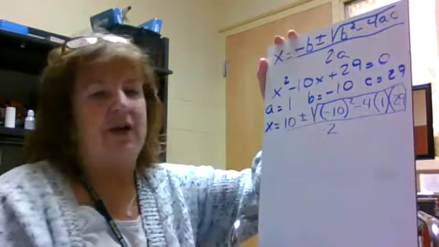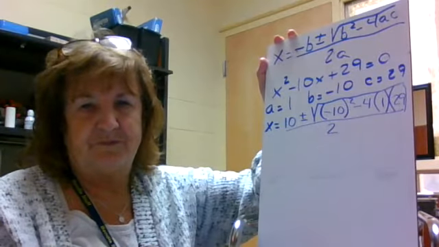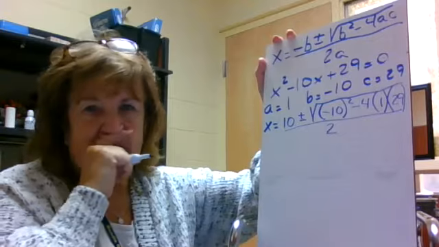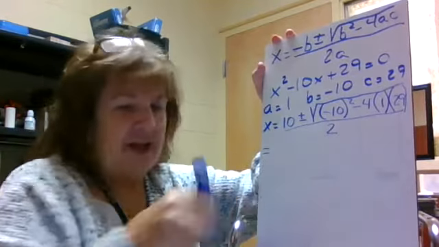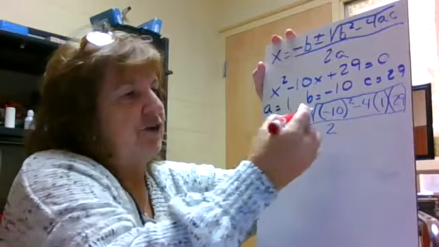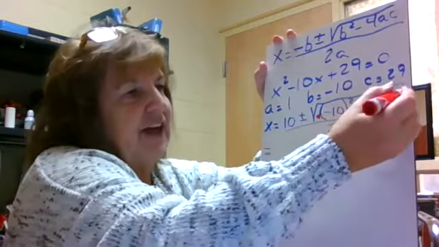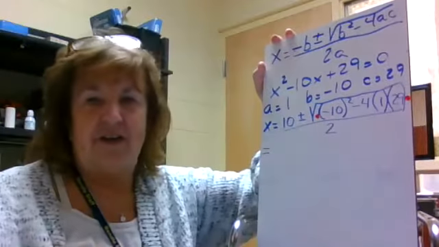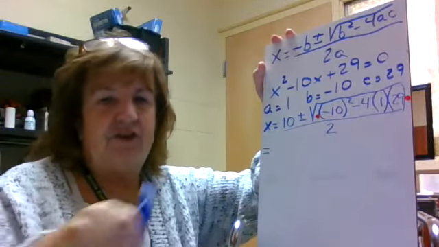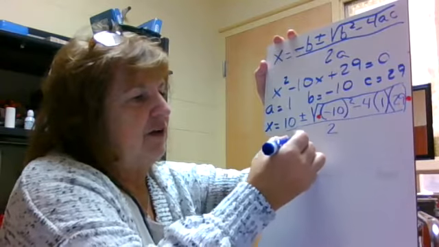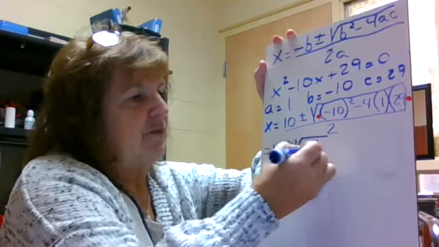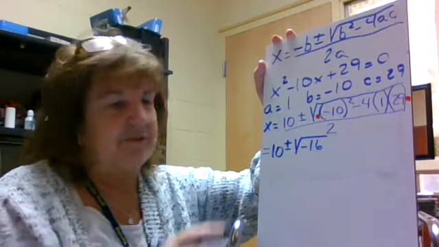Well, 2 times 1 is 2. Now we can simplify it. Again, remember, you're going to type in from this red dot to this red dot on your calculator. And if you type it in correctly, I believe you end up with negative 16.